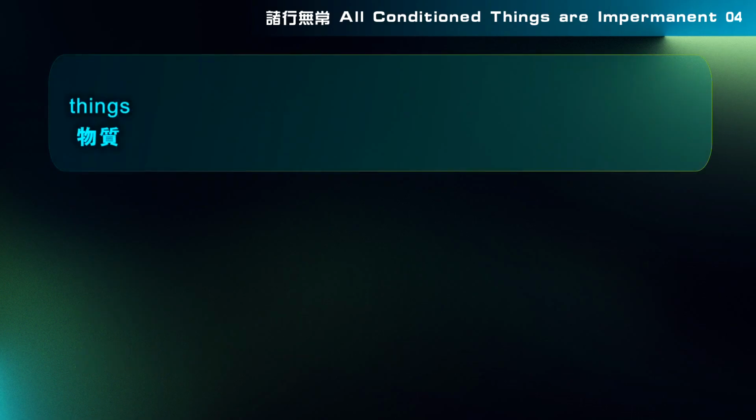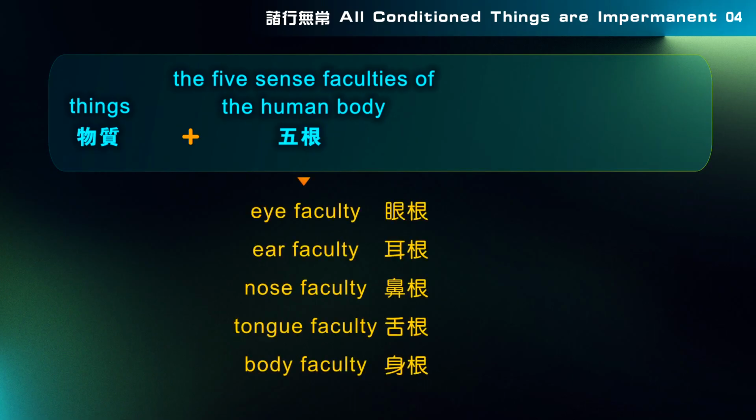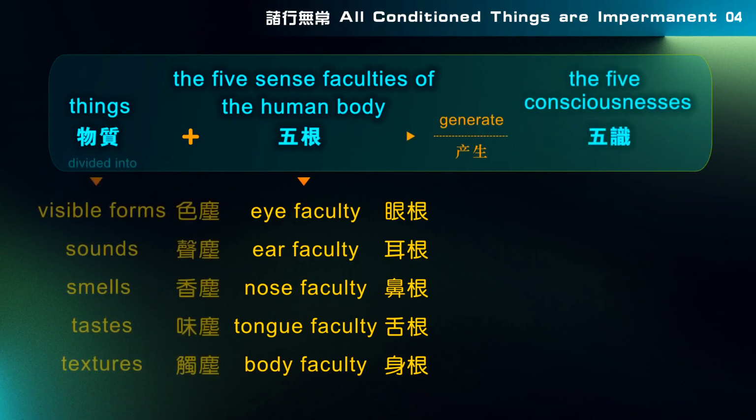When things interact with the 5 sense faculties of the human body, eye faculty, ear faculty, nose faculty, tongue faculty, and body faculty, to generate the 5 consciousnesses, things are divided into 5 categories: visible forms, sounds, smells, tastes, and textures.